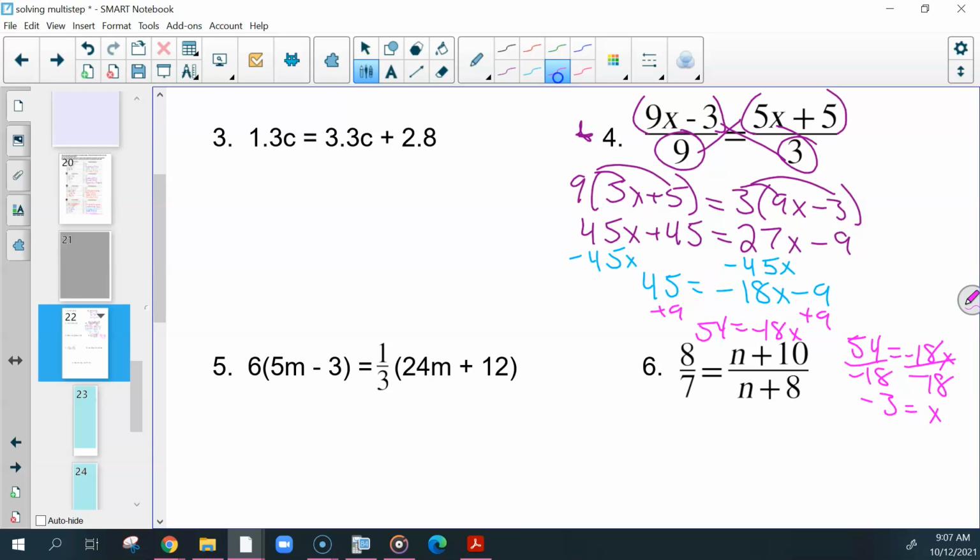So anytime we have a fraction that equals another fraction, it doesn't matter if these fractions have only variables, only numbers, variables on one side, constants on the other, or some mixture of that. Anytime we have a fraction that equals another fraction, we're going to cross multiply. Multiply diagonally.